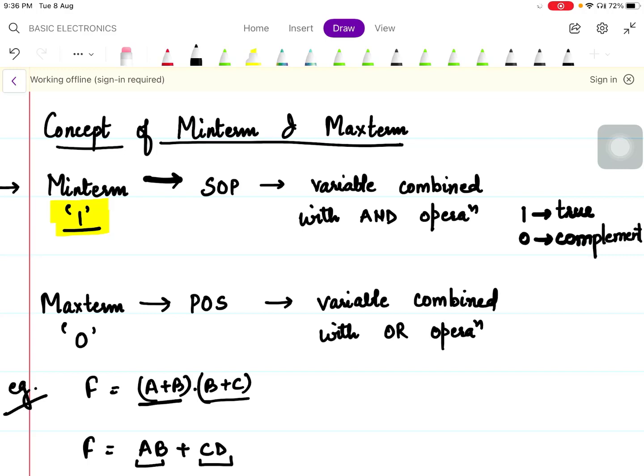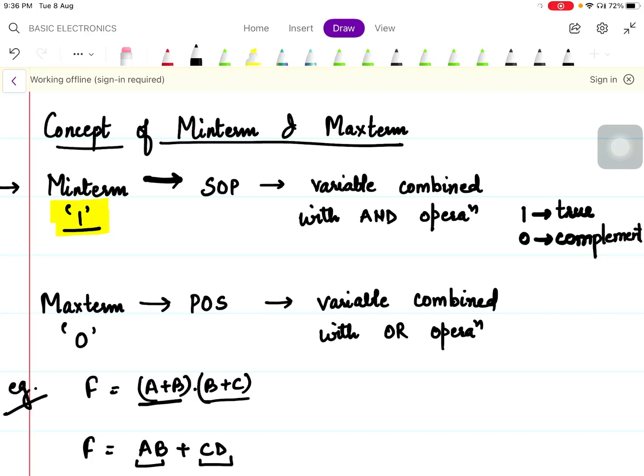And minterm corresponds to sum of product. In the case of minterms, the operation that exists between the variables is product. So the variables are combined with AND operation in the case of minterms. So these points we have to remember: minterms correspond to sum of product, whereas maxterms correspond to product of sum.